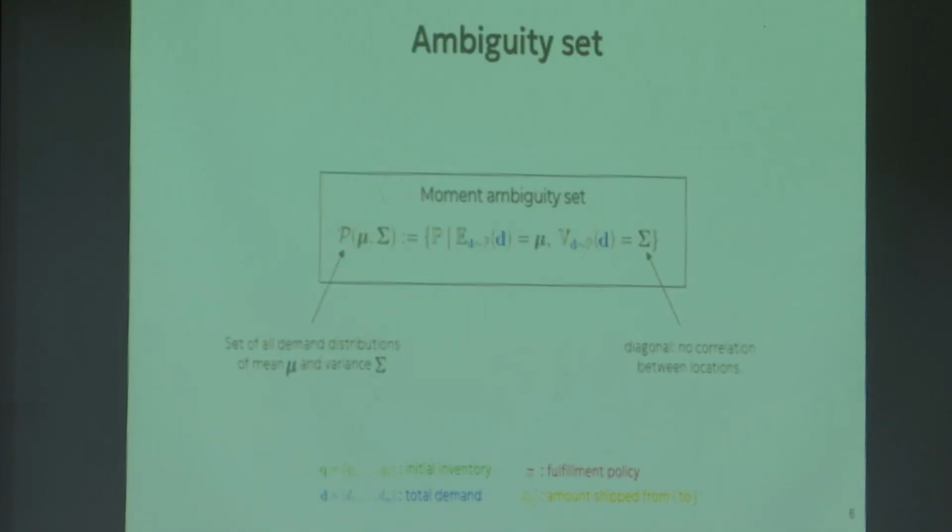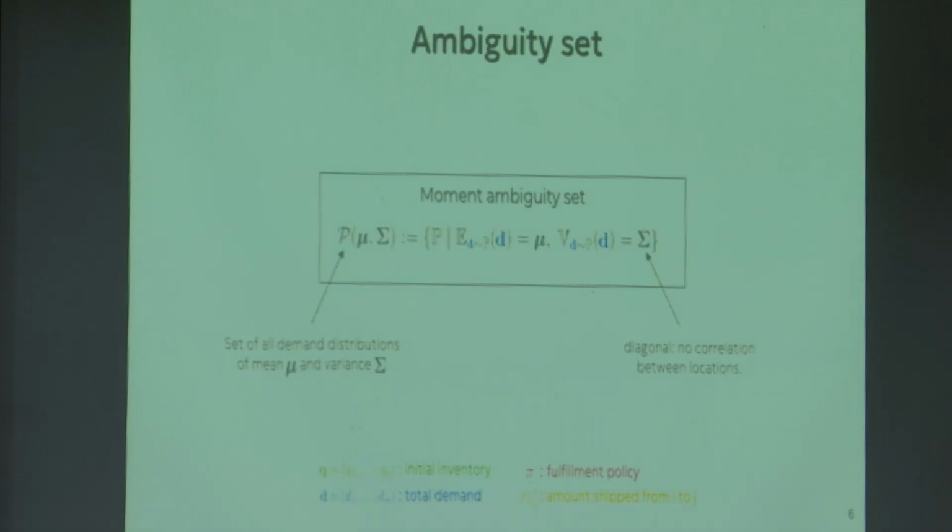Another assumption we make is that our distributional ambiguity set is specified by the mean and the variance, and that the demands across locations are uncorrelated. Of course, we would like to solve the more general case, but this is our progress so far.